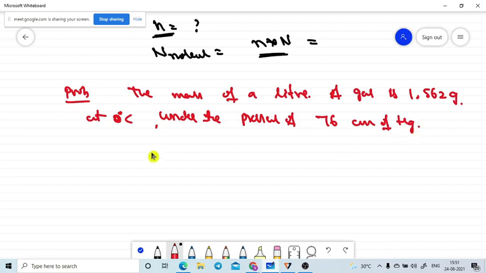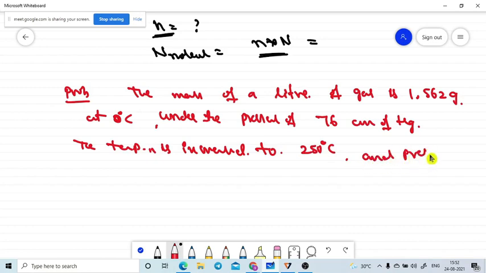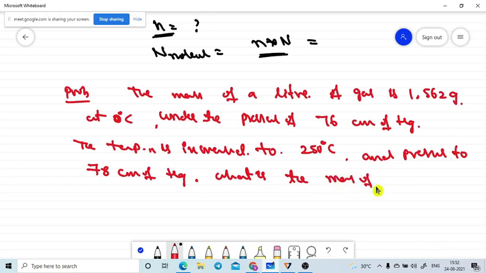The temperature is increased to 250 degrees Celsius and pressure to 78 centimeter of Hg. What is the mass of the gas under new conditions?